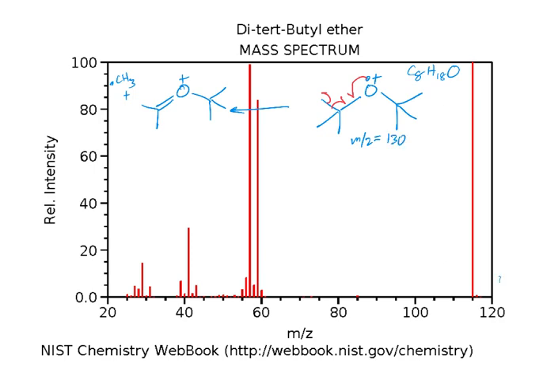Right, so notice there is no 130. Because there's so much branching here, it cleaves more readily, and we do not see a molecular ion.